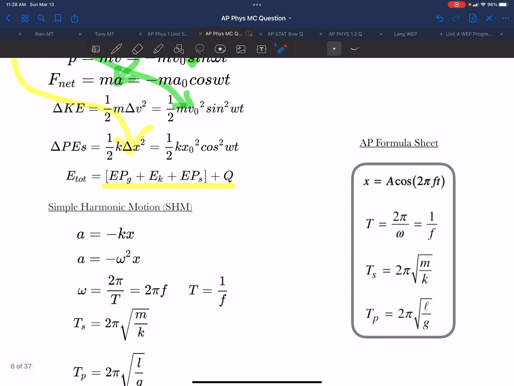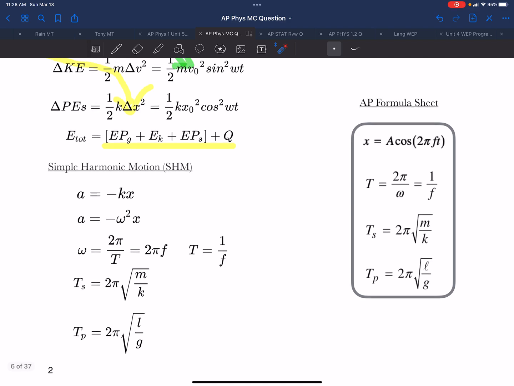Getting at the unique things to simple harmonic motion, we have first our definition of simple harmonic motion, that the acceleration is opposite and proportional to the displacement. And it also is the case that k is equal to omega squared, which we derived in a previous installment.